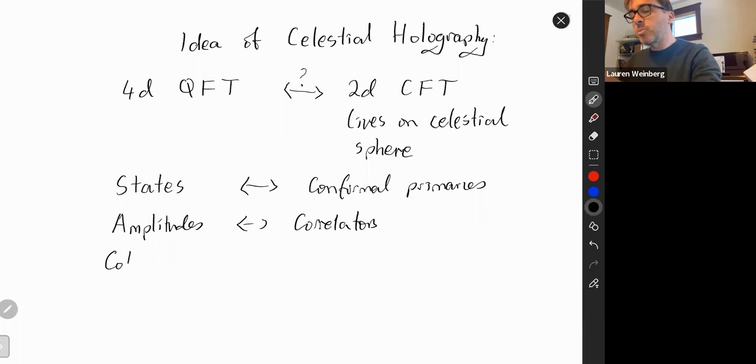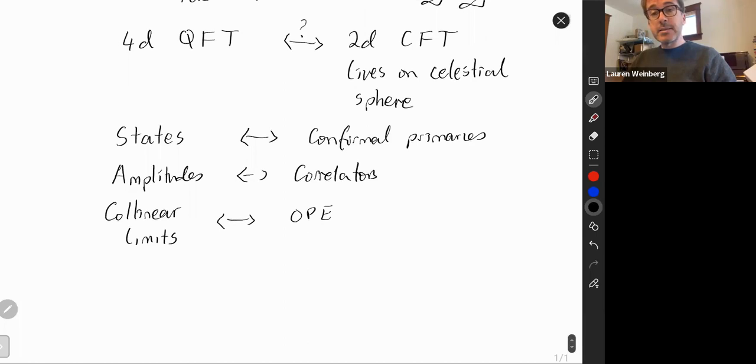For us, the important point is collinear limits. One has two on-shell amplitudes. When their momenta become parallel, one gets a singularity. That singularity is called a collinear limit, and this is supposed to correspond to the OPE. So what we want to investigate today is the associativity of this.